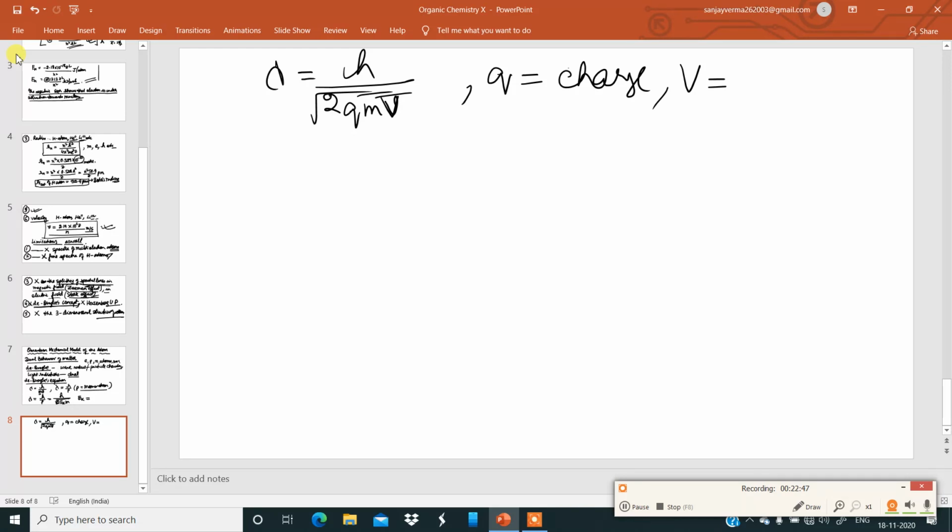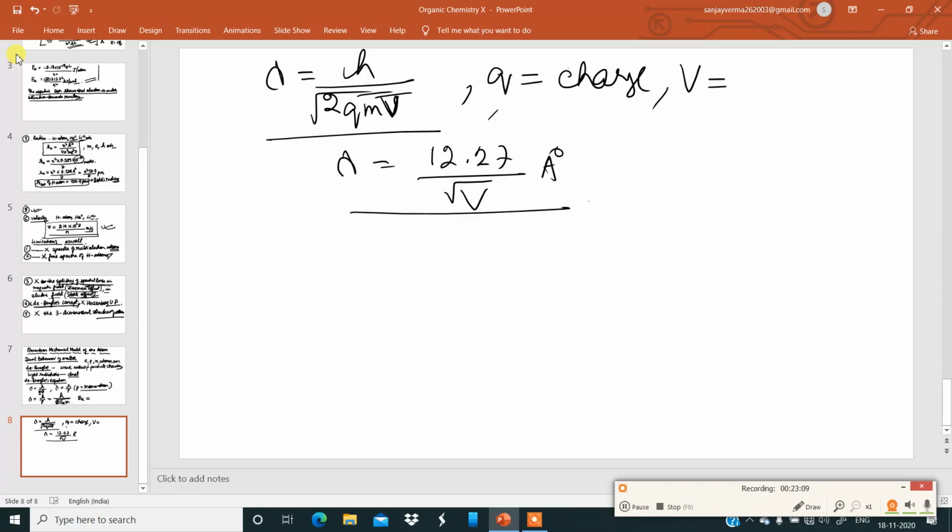For this equation, if you know the value of q, m, and Planck's constant, the value of lambda comes roughly to 12.27 by root under capital V angstroms.